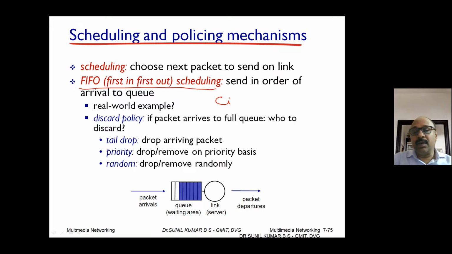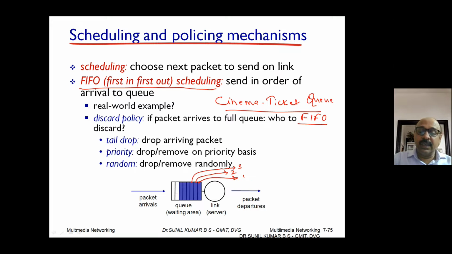Think of a cinema ticket queue: it is first in first out, because whoever has entered the queue first will go out first. Similarly, the first arrived packet in the queue will be delivered first, the next arrived next, and the third one will receive delivery third. So it is a simple kind of technique.